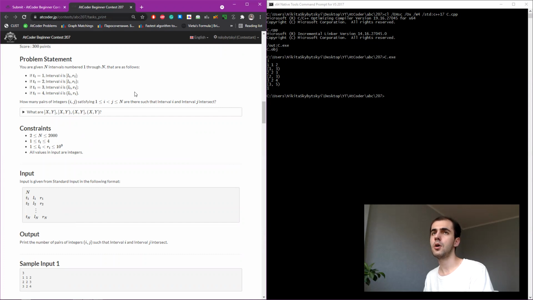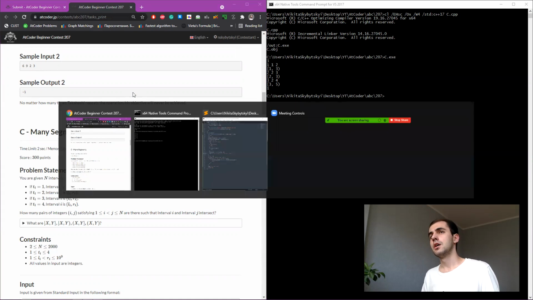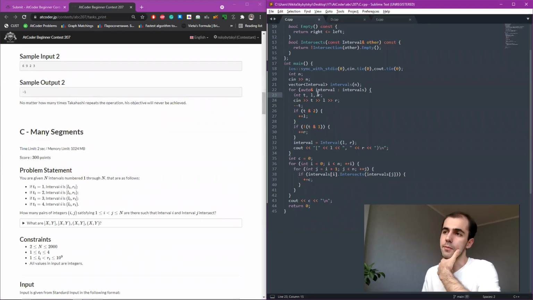So it's, oh, wait, I'm stupid. I outsmarted myself completely. Because they can intersect not only on the points, not only in integer points. You can also consider floating points.